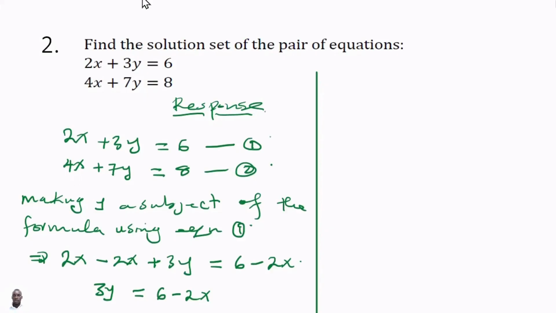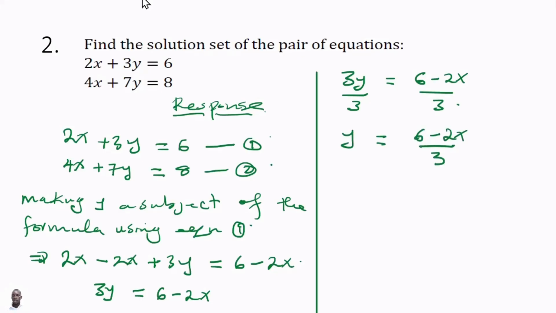As we proceed, we divide through by 3 on both sides, implying that y equals (6 minus 2x) divided by 3. We can leave it at this step, and let us name it equation 3.